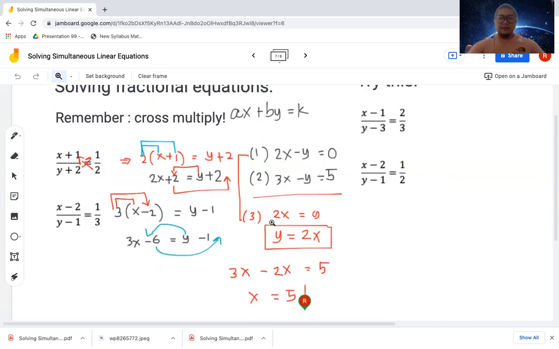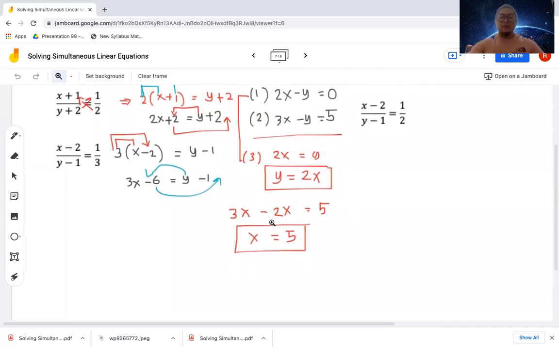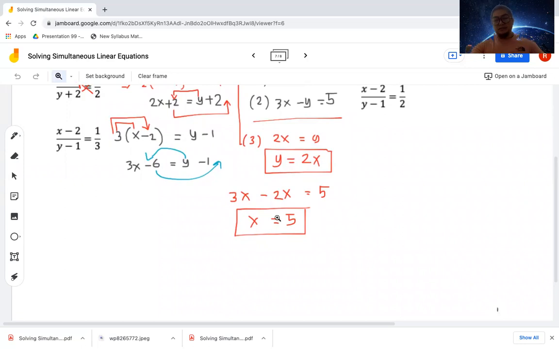All right. I hope you guys were able to understand that. And then as soon as you get the value of the x, all you need to do is to, again, put this particular value here. So if we plug in the x to y is equivalent to 2x, which is equation number 3, then you will arrive with a calculation of y is equivalent to 2 times 5, which gives you y as equivalent to 10.